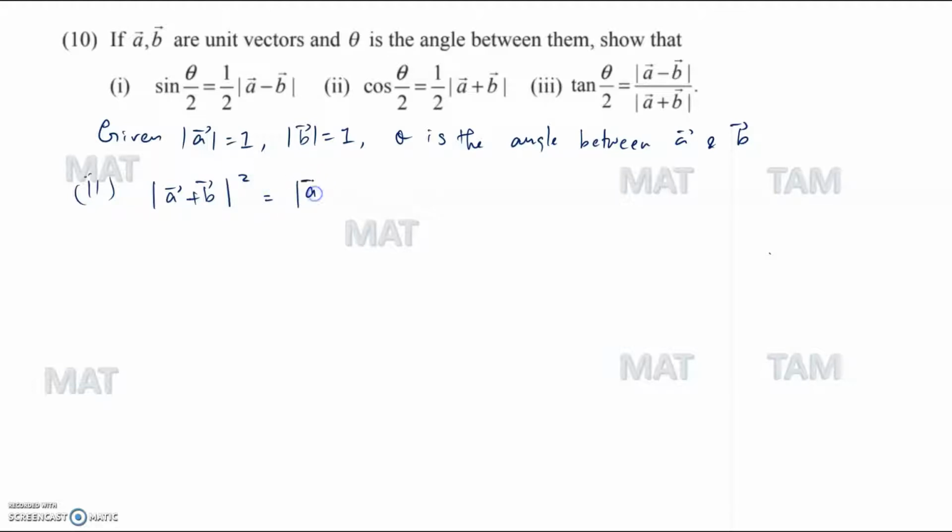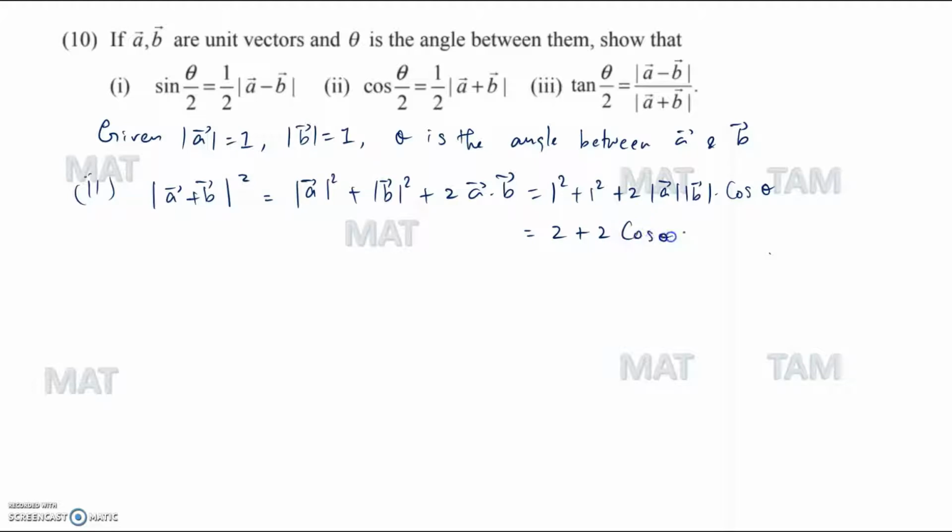So we will get magnitude of A squared plus magnitude of B squared plus 2 times vector A dot product with B vector. This can be further written as 1 squared plus 1 squared plus 2 times magnitude of A into magnitude of B into cos theta, which can be rewritten as 2 plus 2 times cos theta, which is equal to 2 times 1 plus cos theta.